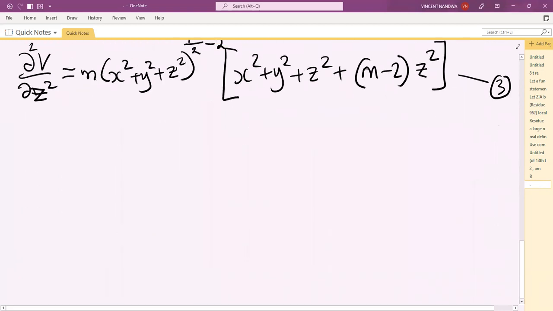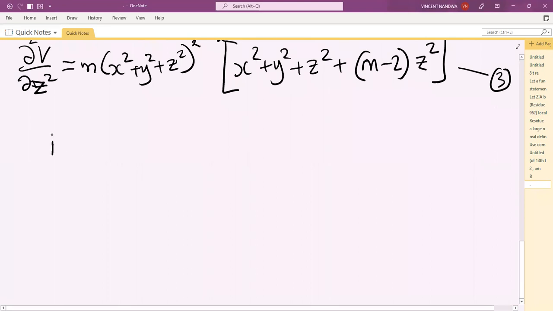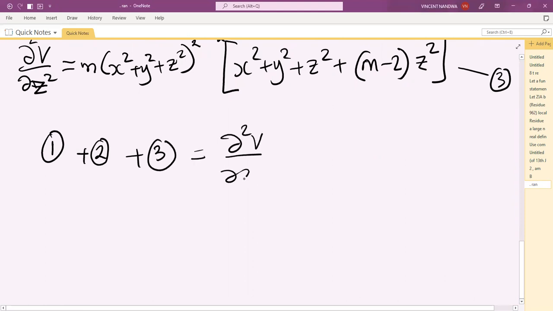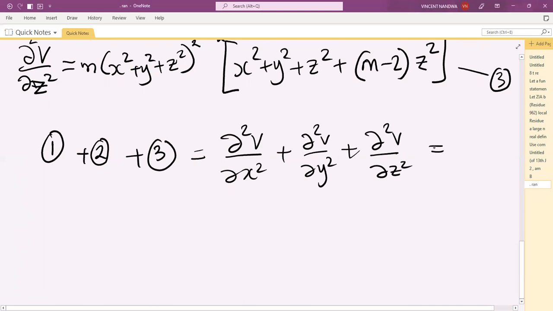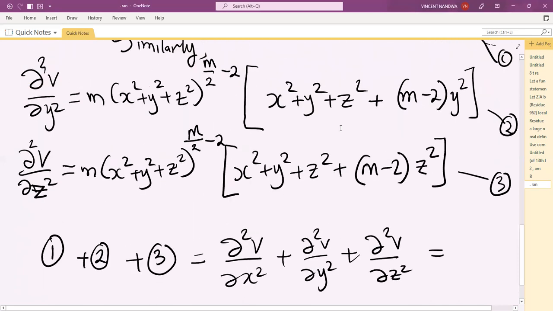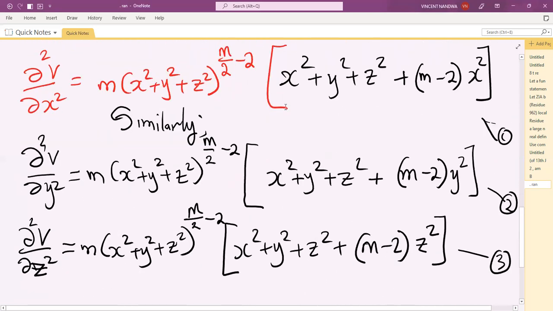So adding 1, 2, and 3, we get ∂²V/∂x² + ∂²V/∂y² + ∂²V/∂z². Now, one thing that you observe in all these three equations is that m into this bracket raised to the power m/2 − 2 is common.